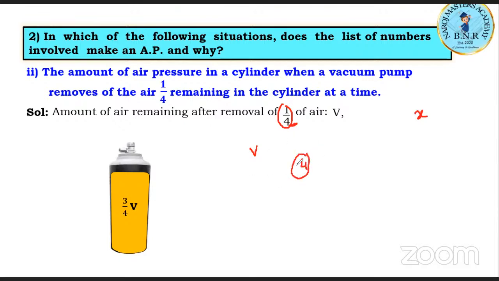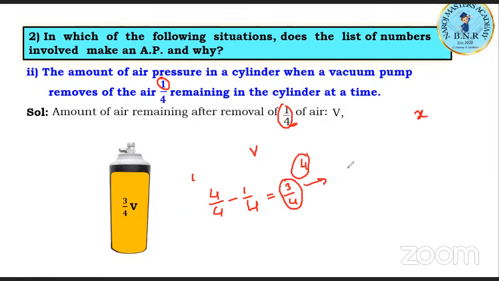Out of 4 parts, how many parts are we removing? 1 part. So out of 4, our value is 1. 1 is nothing but 4/4. We are removing 1/4. Then what you will get here? 3/4. Now, this is our second term.